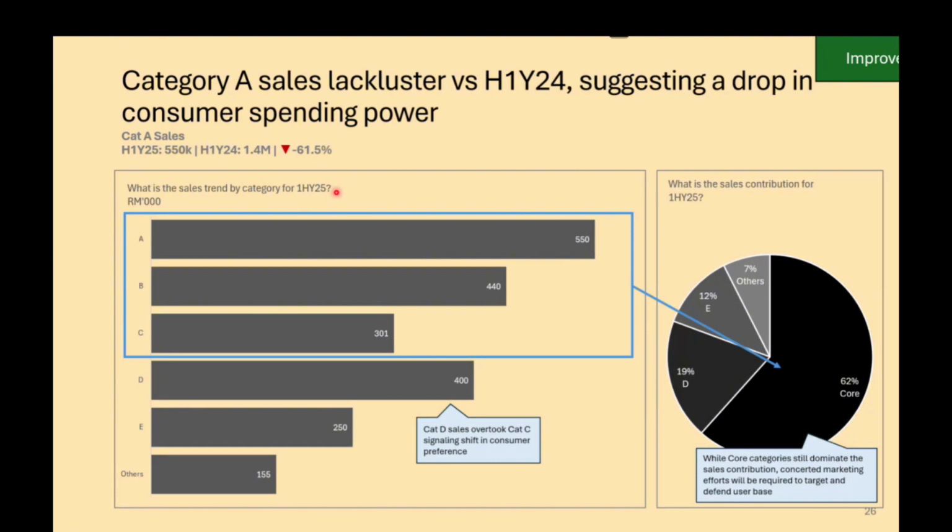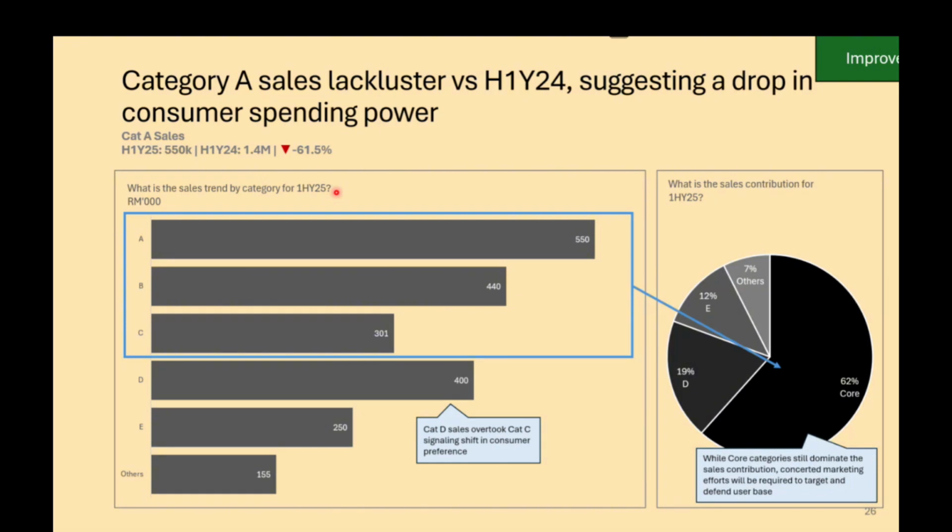So I noticed the CFO was actually reiterating and verbalizing what is the sales trend by category for the first half of this year. So when he does that, he's actually thinking, because bosses like questions. So that's how I noticed that, hey, that tip actually worked. And from there, every single time I'm building reports or storytelling narratives, I will have my questions.